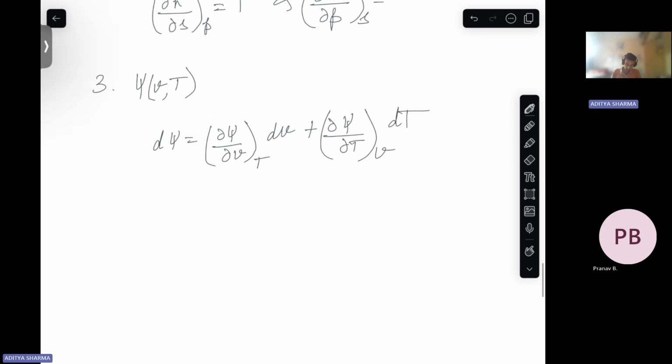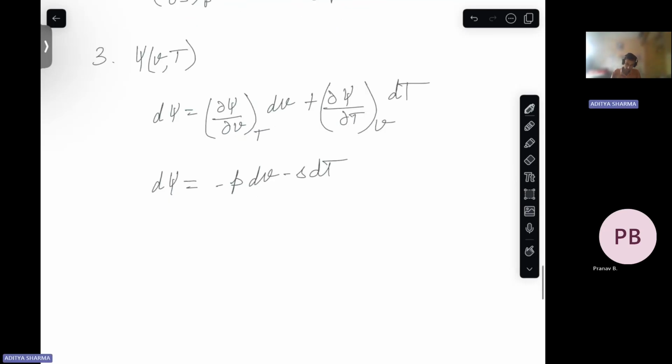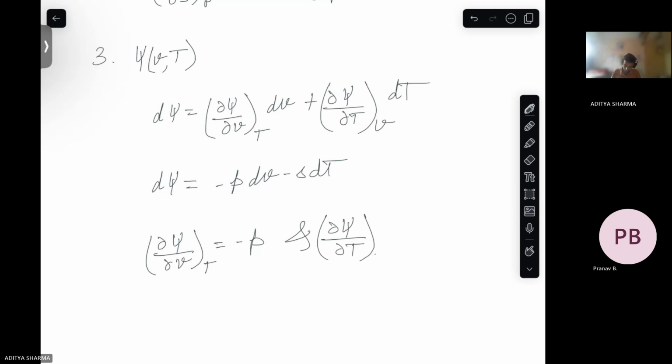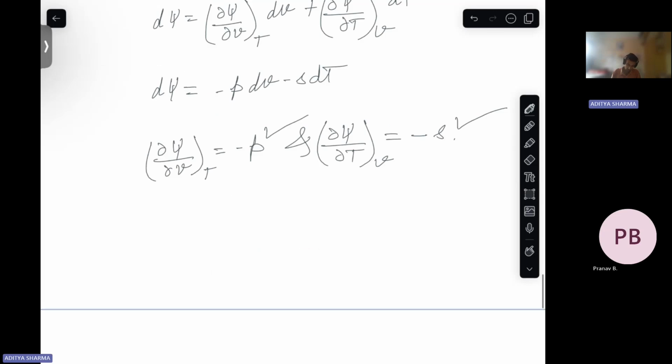So comparing it with this third Maxwell relation, what we get is, and so these are two more.